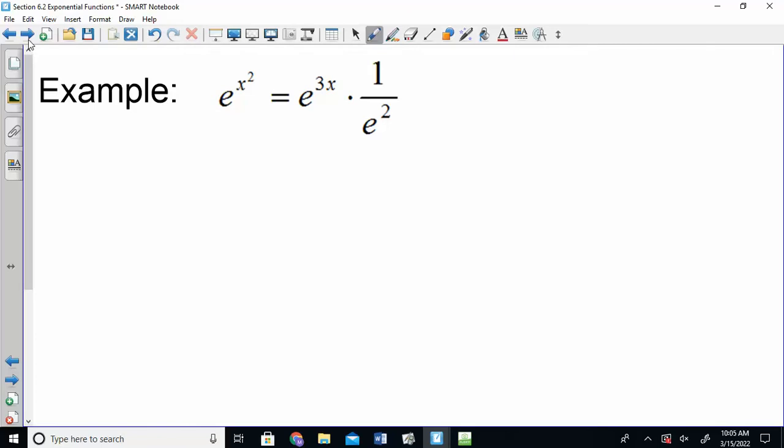So let's do just a couple more, make sure we've got it. Okay, the e doesn't change anything. e is just kind of like pi.